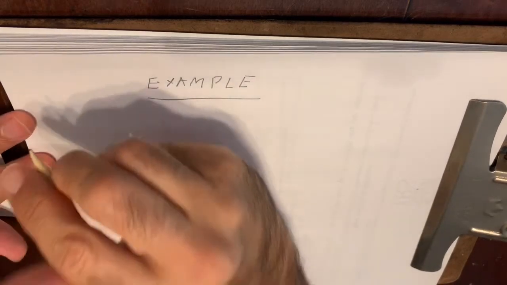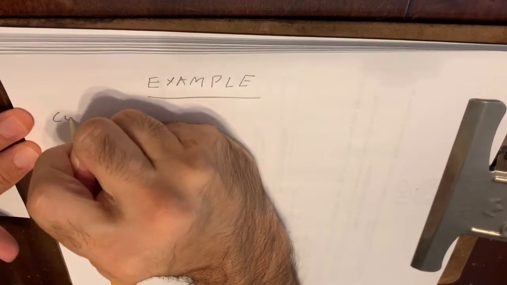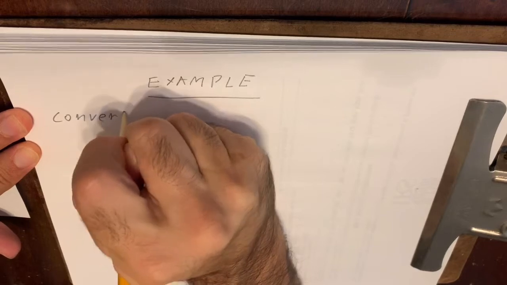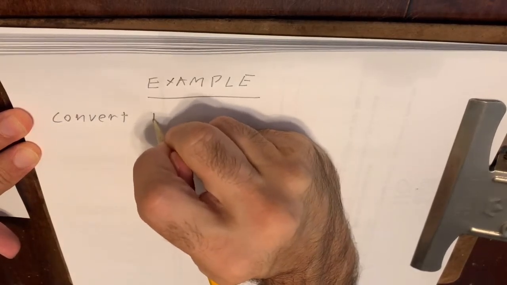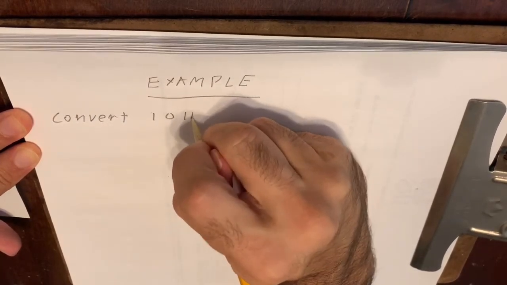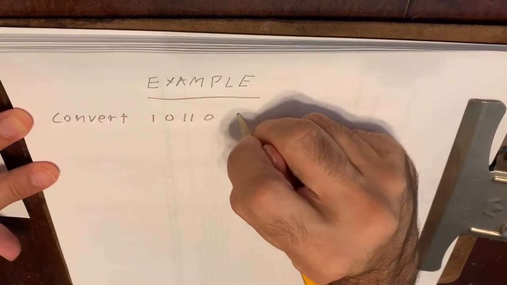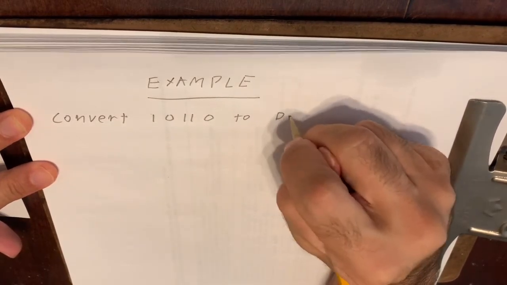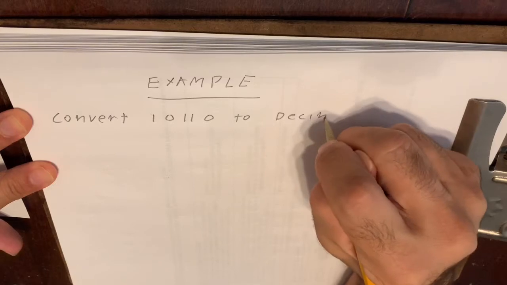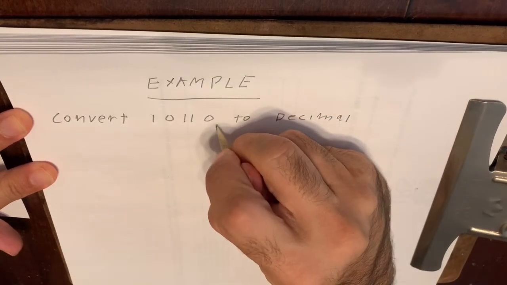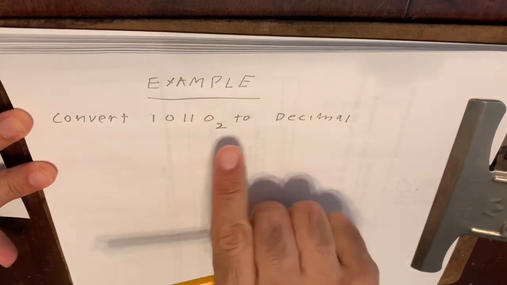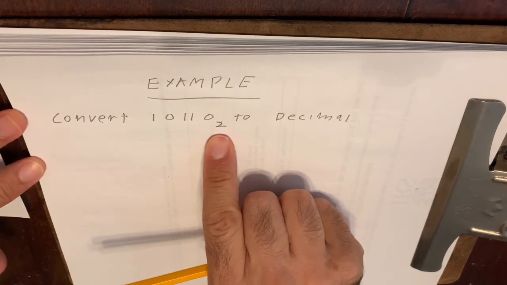All right, so let's do an example. Let's convert 10110 to decimal. Now I'm going to put a little subscript 2 under this number.